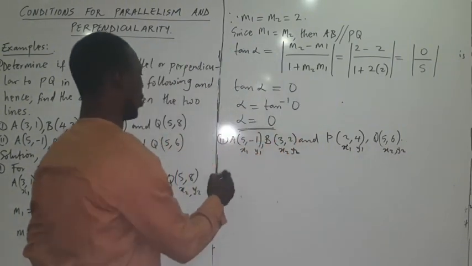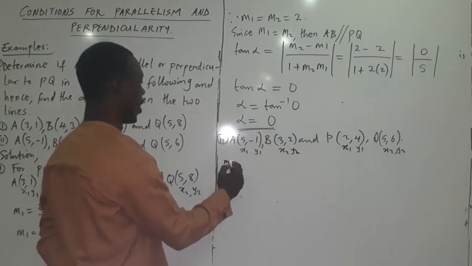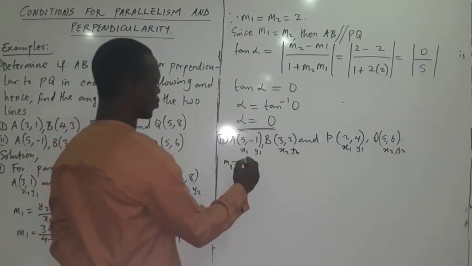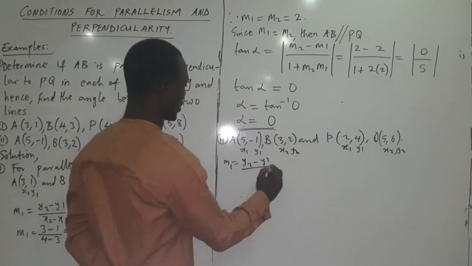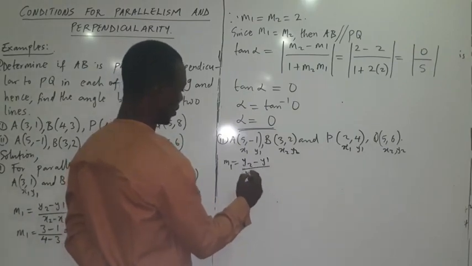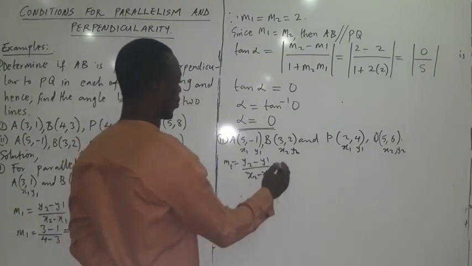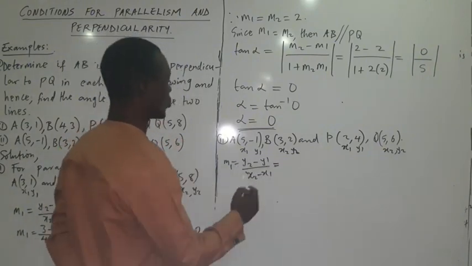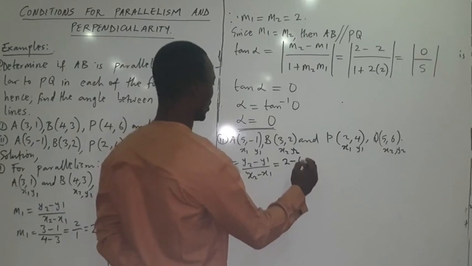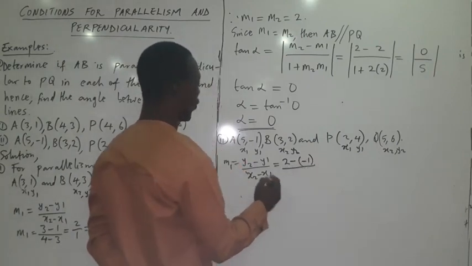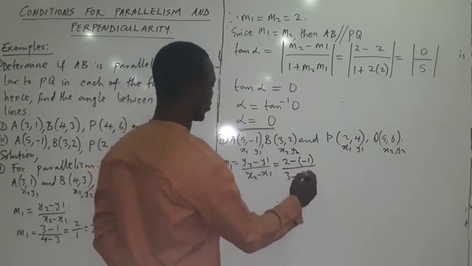M1 will be y2 minus y1, that is the gradient formula, over x2 minus x1. So what is our y2? That is 2 minus minus 1 all over 3 minus 5.